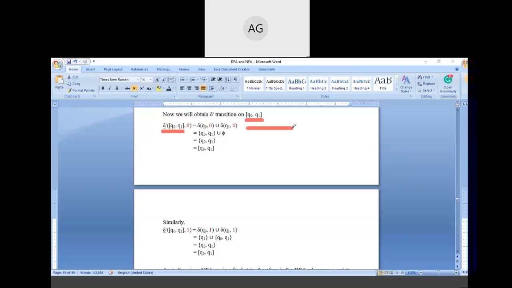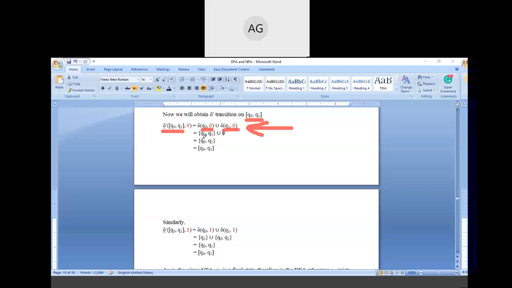This type of conversion will be done. As we get Q naught and Q1 in the same state with input symbol 0, we can separate it with the union, like del Q naught 0 union del Q1 0. So individually we can take their outputs for the input symbol.